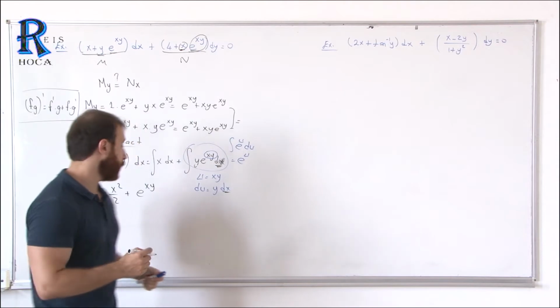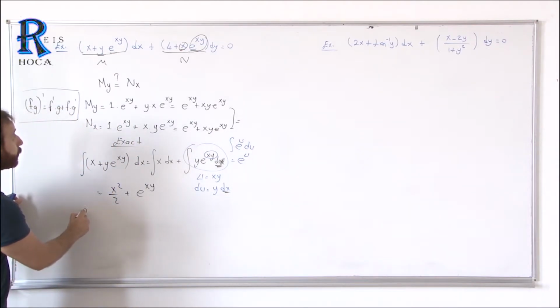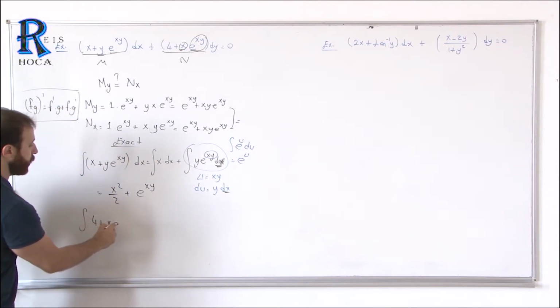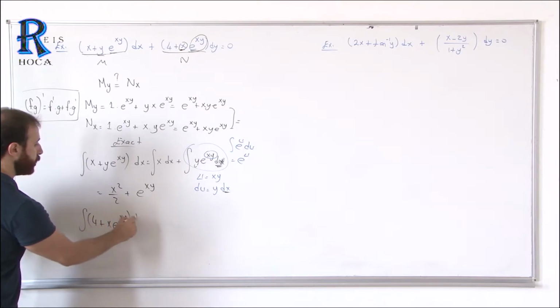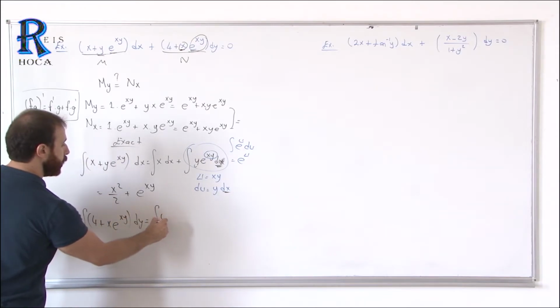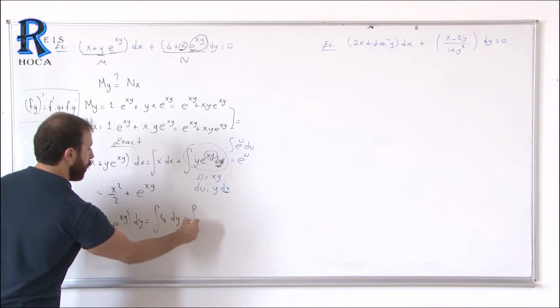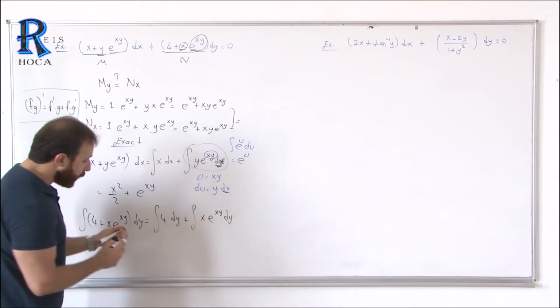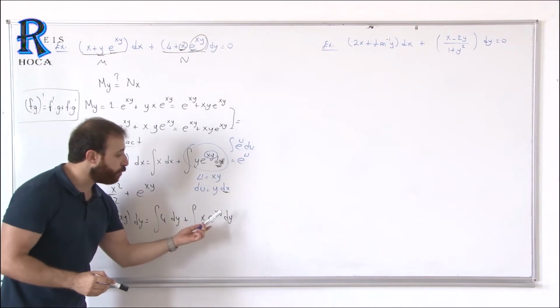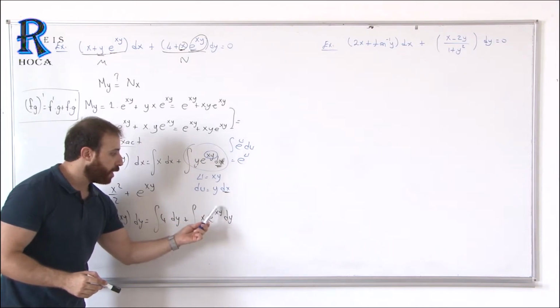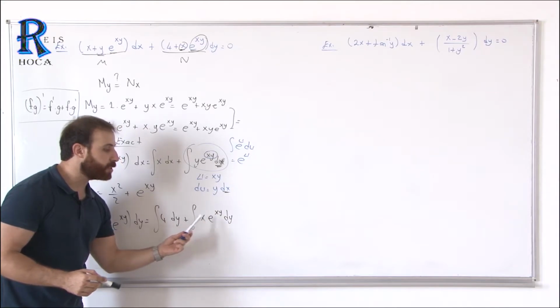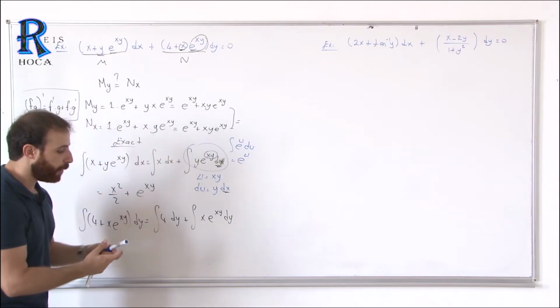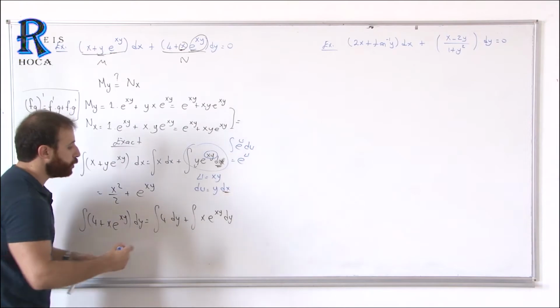So the second integral, again, the second integral of 4 plus x e^(xy) with respect to y. Again, separate 4 dy and x e^(xy) dy. Look, the same. The derivative of power with respect to y, x times 1, x is contained in the integral. That's why we can use substitution.